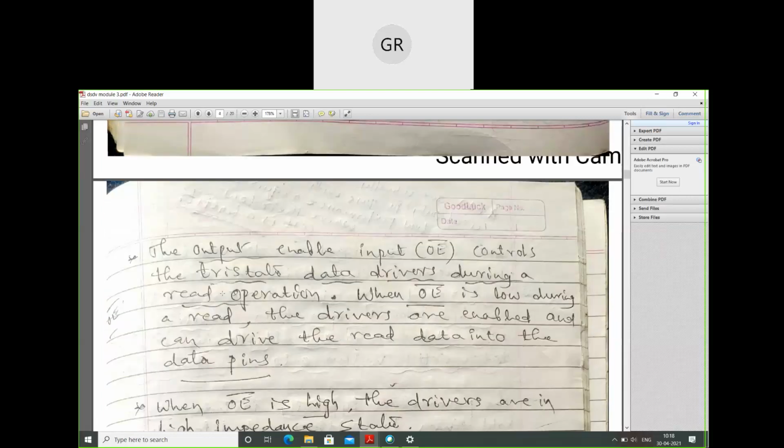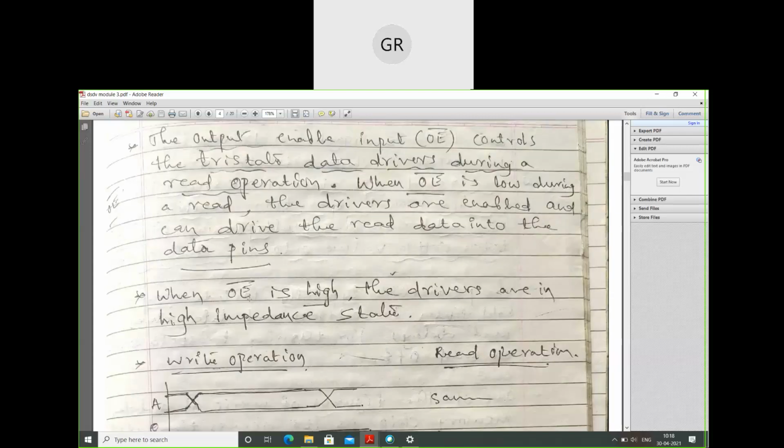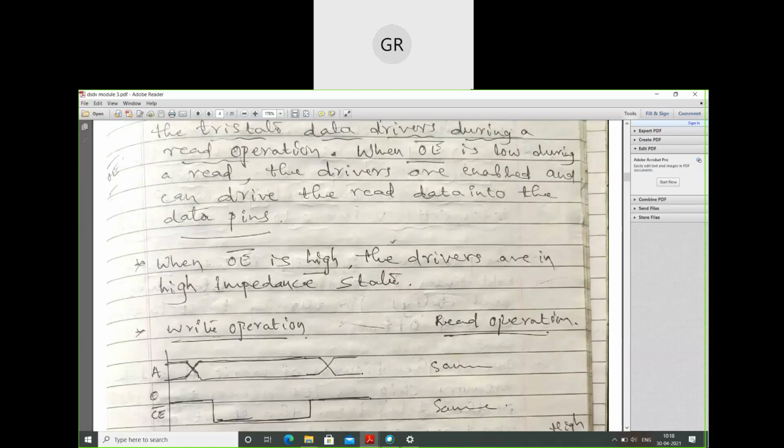It controls the tri-state data drivers during a read operation. When OE bar is low during a read, the drivers are enabled and can drive the read data onto the data pins. When OE bar is high, the drivers are in high impedance state.